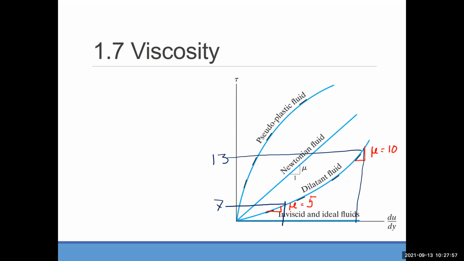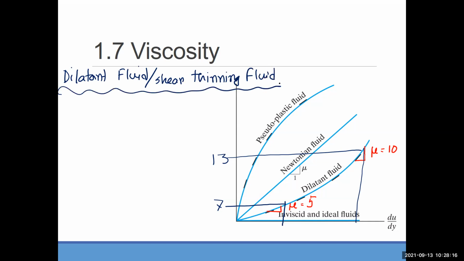Okay, so for dilatant fluid, there is another name for this one, which is shear thinning fluid. If I apply more force, like from 7 to 13, viscosity is increasing or decreasing?